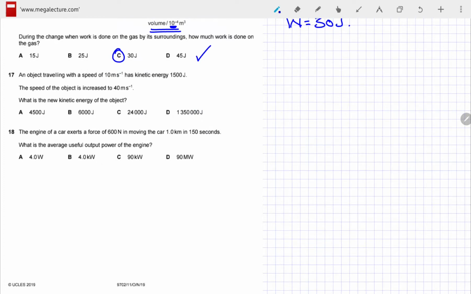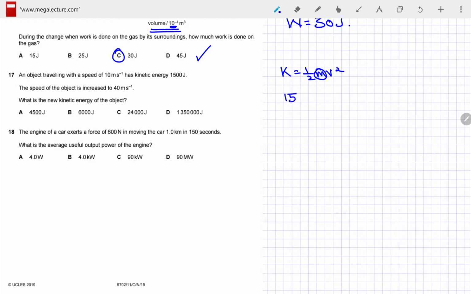Question number 17. An object traveling with the speed of 10 meters per second has the kinetic energy 1500 joules, and the speed of the object is increased to 40 meters per second, and we are asked to compute the new kinetic energy of the object. So we know that the kinetic energy is given as half mv squared, and the only unknown variable is the mass in this expression.